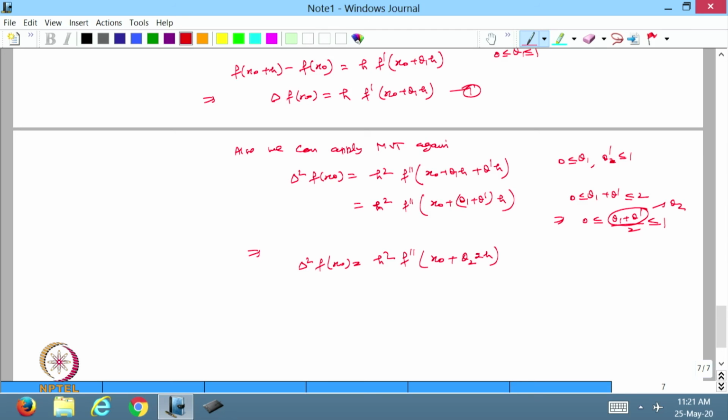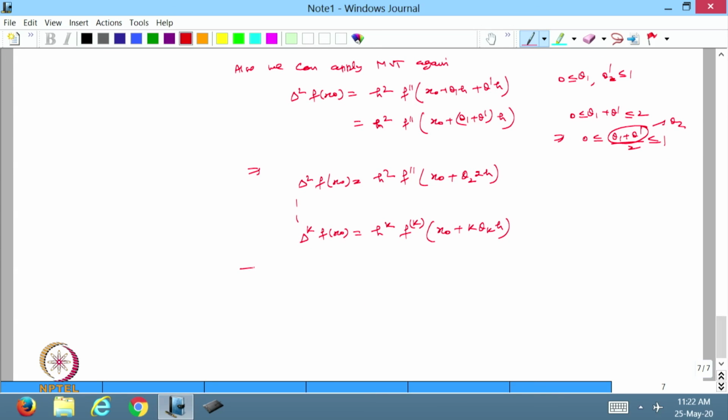So, this way we can define. Similarly, I can define the kth forward finite difference operator. It can be written as delta k f x naught is equal to h k f k, the kth derivative of this function, at x naught plus k theta k h.